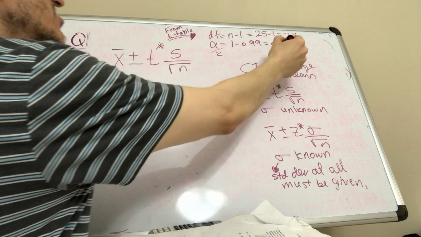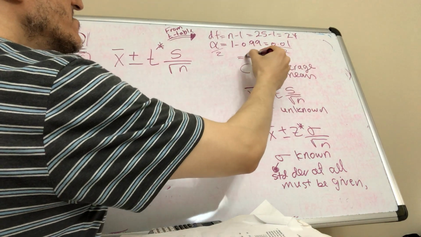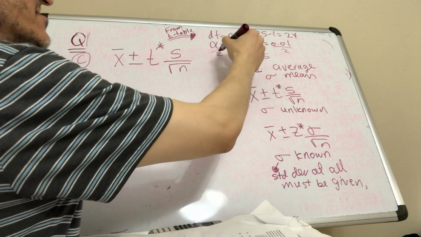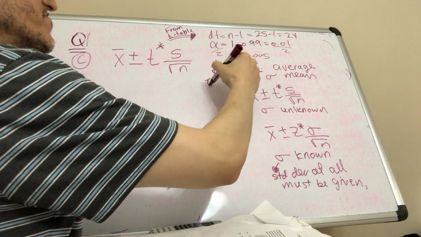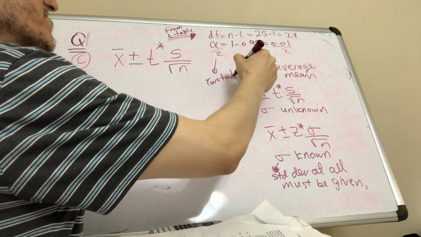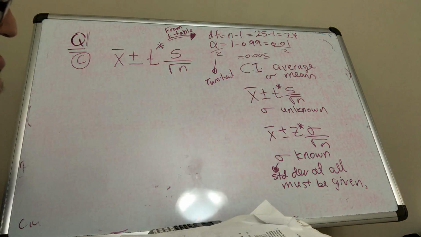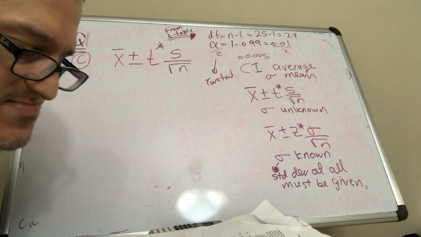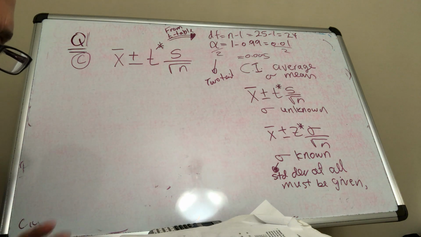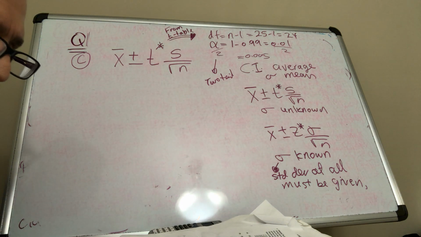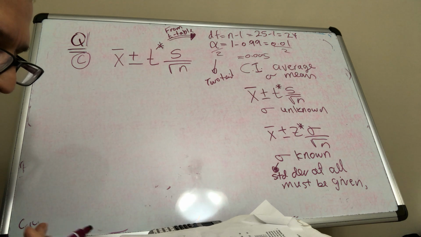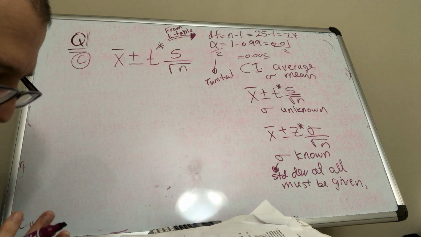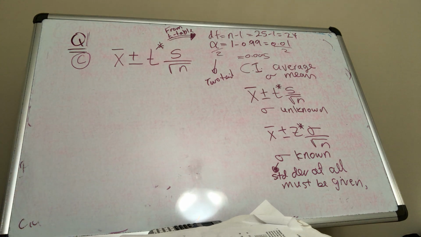You divide it by 2 because it's a two-tailed system. And all confidence intervals, by the way, are two-tailed. The idea of one-tail versus two-tail comes when you start doing hypothesis testing. But for confidence intervals, they're all two-tail.